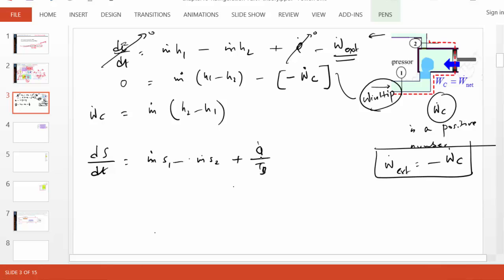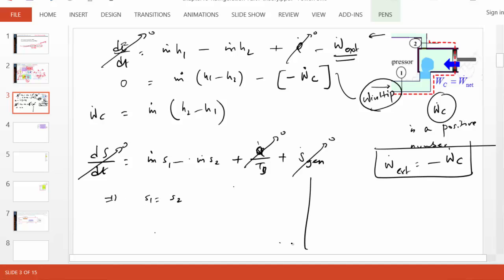These are the different ways entropy can change as it goes through the compressor. Steady state, there is no net rate of change of entropy inside the compressor. No heat transfer, and an ideal compressor, no friction. And that tells us S1 equals S2.